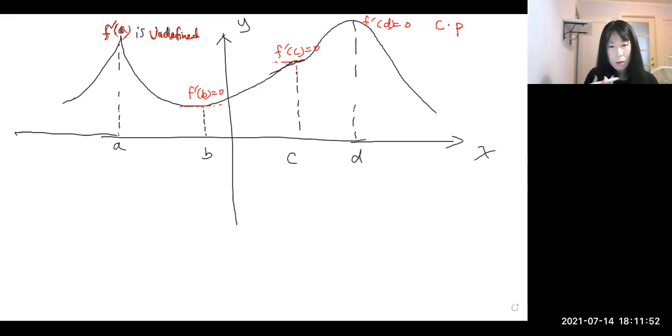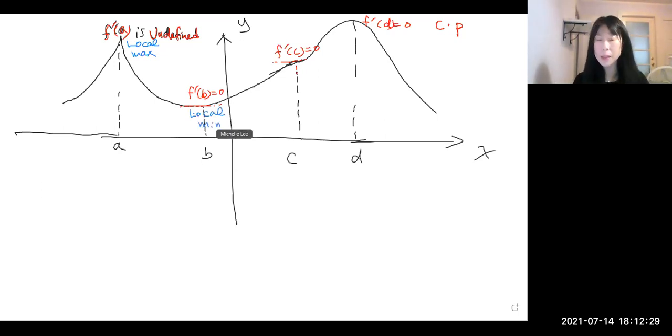All right, then we can say that at A there is a local maximum. How about B? What can you say? Local minimum, good. So this is a local minimum.